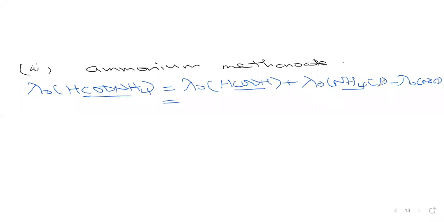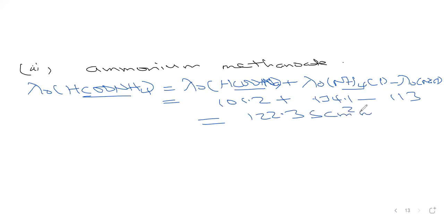Sorry for this mistake. This is sodium methanoate, which is now 101.2 plus 134.1, then minus 113. So that gives me 122.3 S centimeters squared per mole.